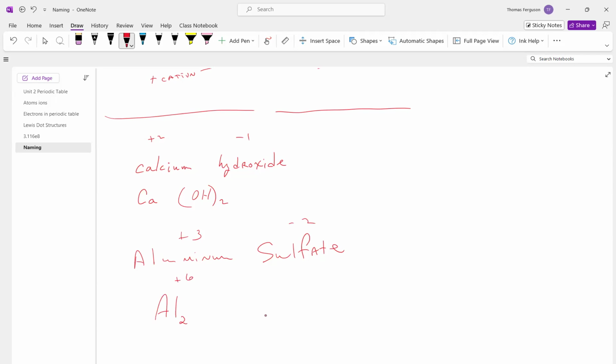And how many -2s do we need to get up to 6? 3. So that's the formula for aluminum sulfate. Okay, so that's going from name to formula. Let's do some formulas to names.